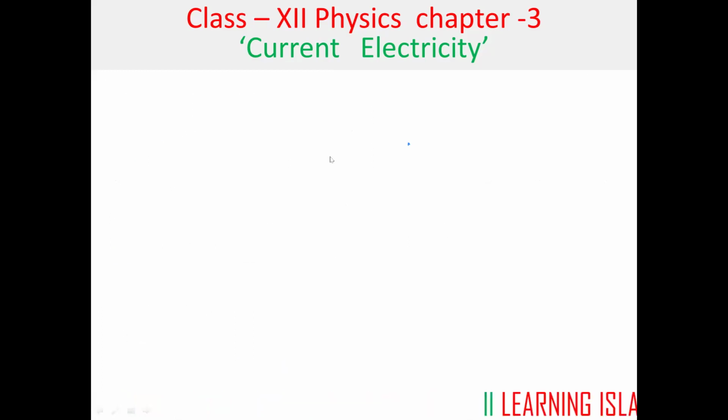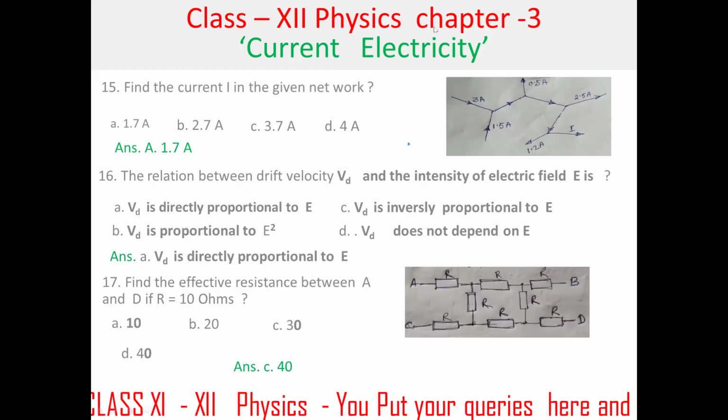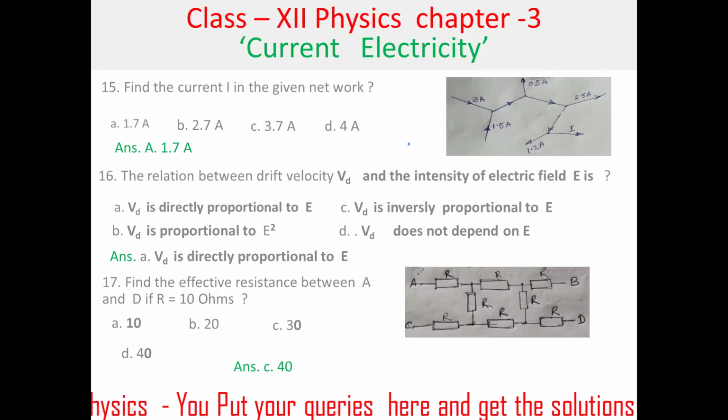Just 1 minute, I'm going to the previous one. This. So answer is 40. How? See here, they asked what is the resistance between points A and D. Each R has resistance 10 ohm. So if I draw it simply, the circuit becomes like this. Okay, circuit would become like this.